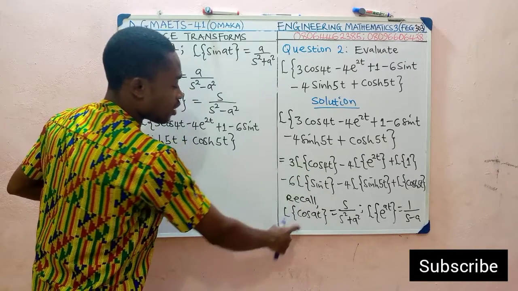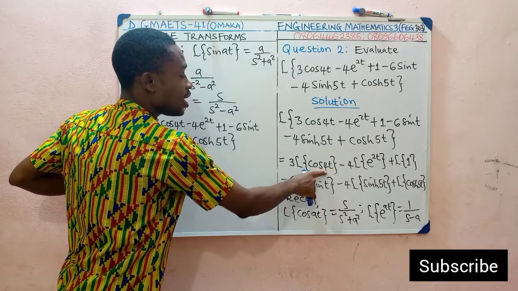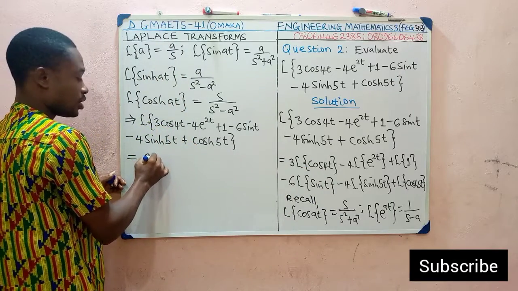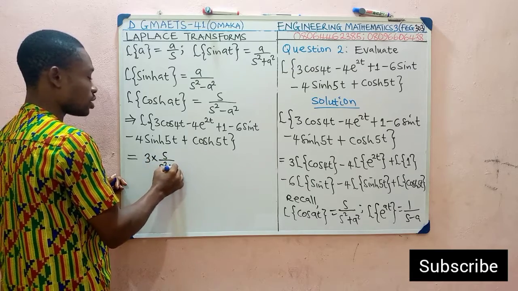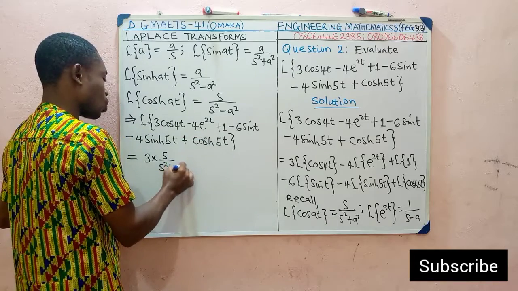The standard of cos is s over s squared plus a squared. Here, a is equal to 4. So this is going to be equal to 3 times s over s squared plus 4 squared, because a is 4.